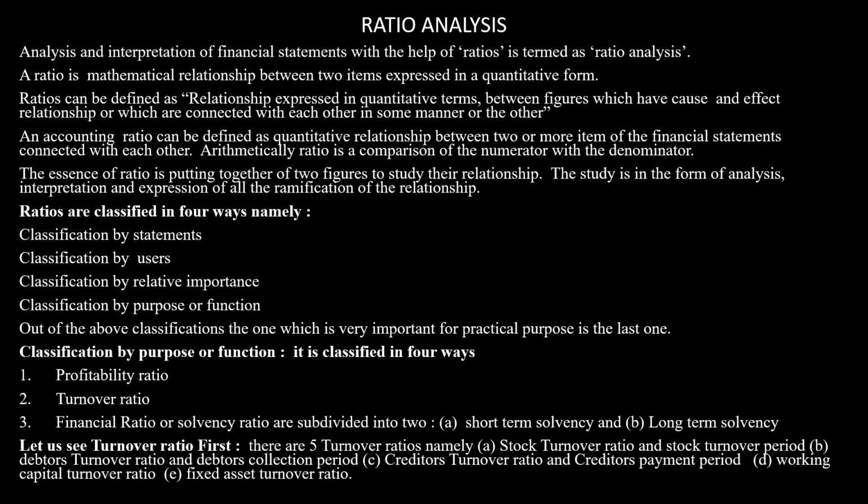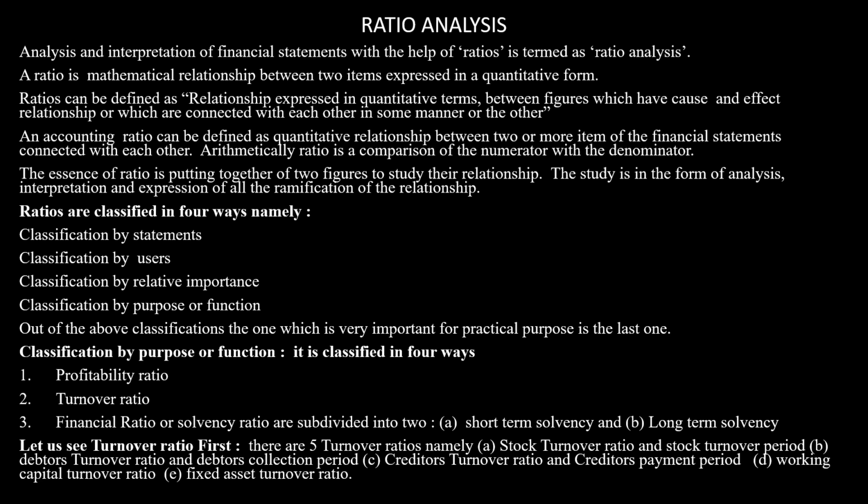In other words, a ratio is nothing but a mathematical relationship between two items expressed in quantitative form. It can be defined as a relationship expressed in quantitative terms between figures which have a cause and effect relationship or which are connected with each other in some manner or the other.